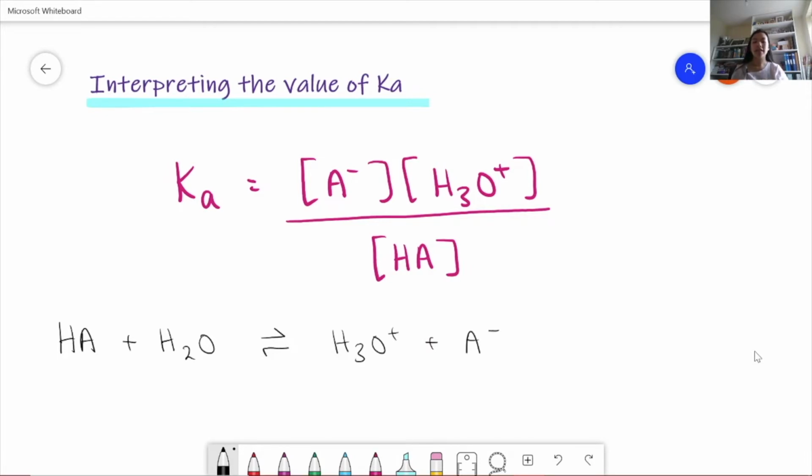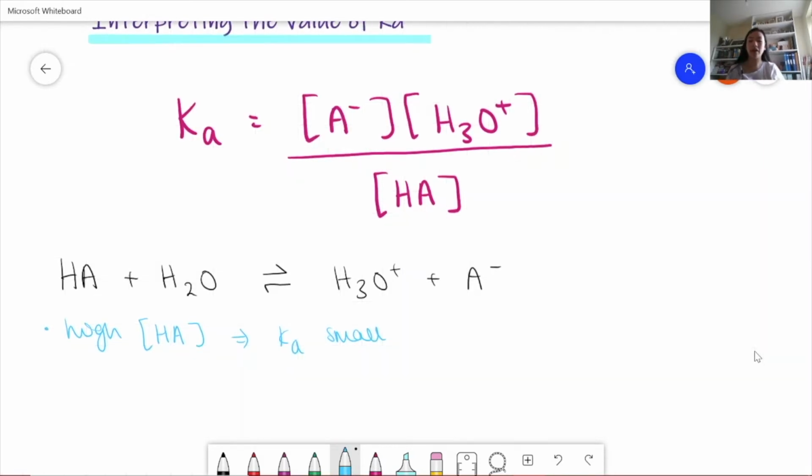Well, that means that if we have quite a large value for this concentration of HA, so if we have a high concentration of HA, that means that this Ka value will be quite small. And if we looked at having a low concentration of HA, then the Ka would have a big value.